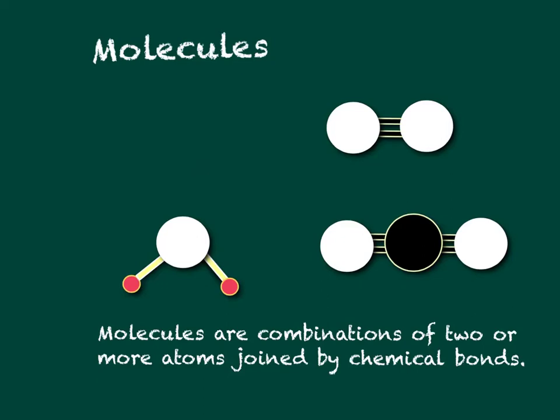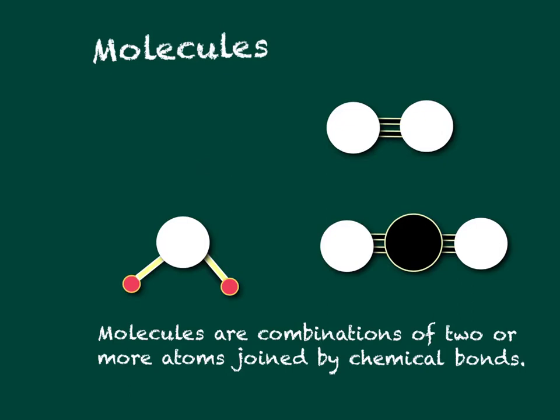Molecules are combinations of two or more atoms joined by chemical bonds. So, what's the difference between a molecule and a compound? Well, in this picture here, we have three different molecules, 1, 2, 3, but we only have two compounds. This here is a compound because it's atoms of two different elements combined.